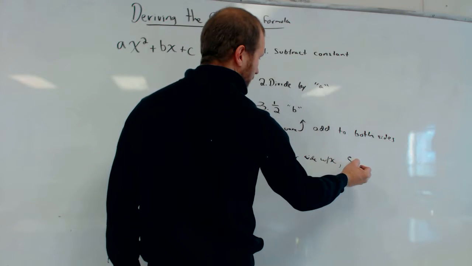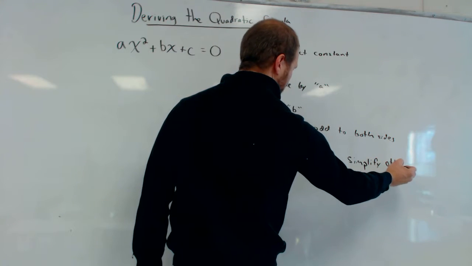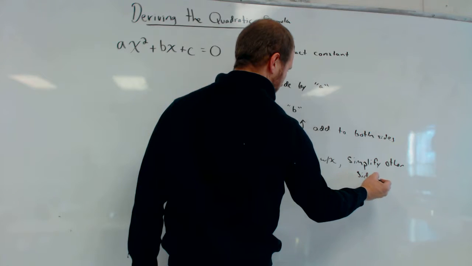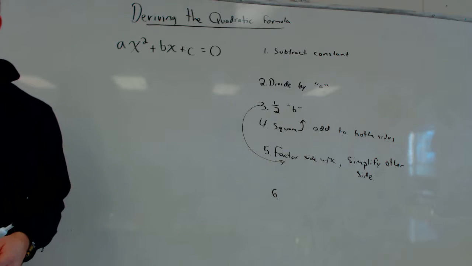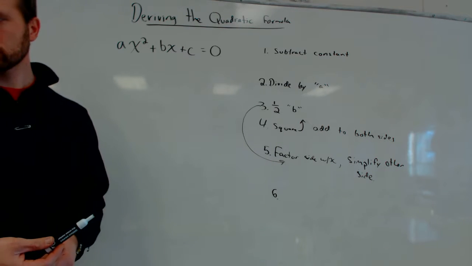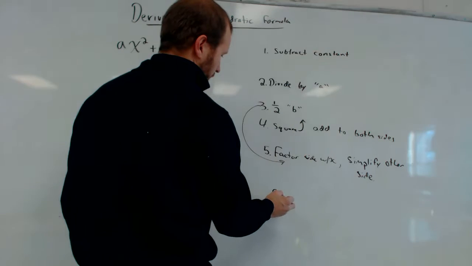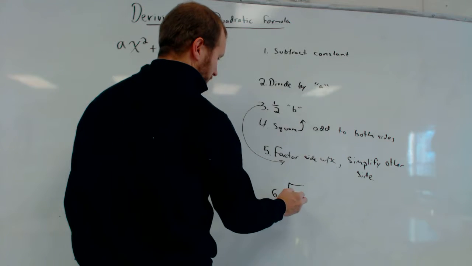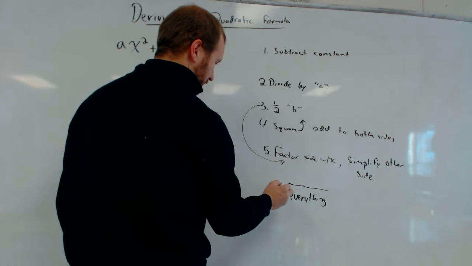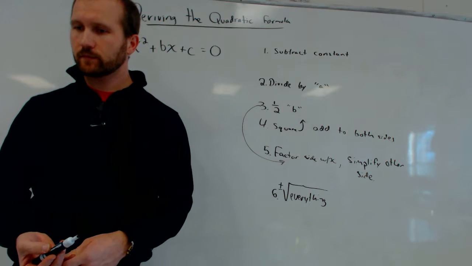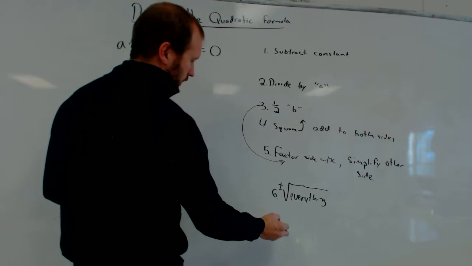And then we simplify the other side. Right? What do we do next? Then you square root everything, with the plus or minus. Okay. Then we solve for x.